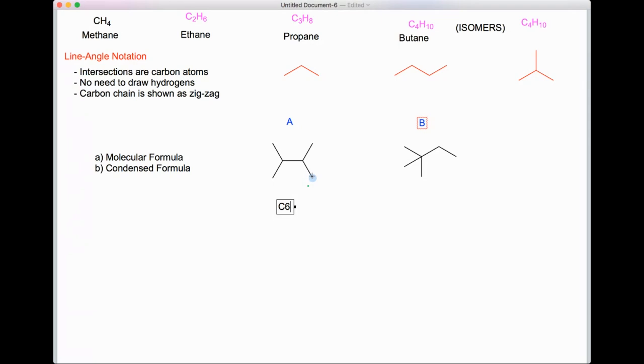In the end of the carbon chain, how many hydrogens in this position? 1 carbon, and how many hydrogens right there? 3 hydrogens, right? So 3 hydrogens and 3 hydrogens here is 6.